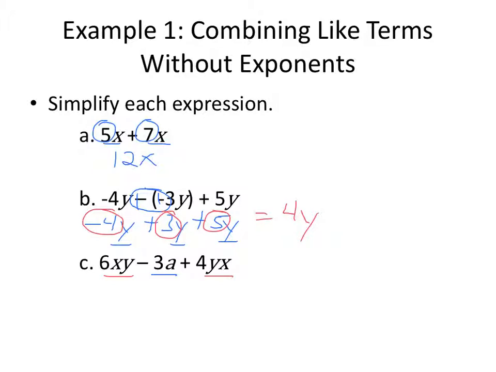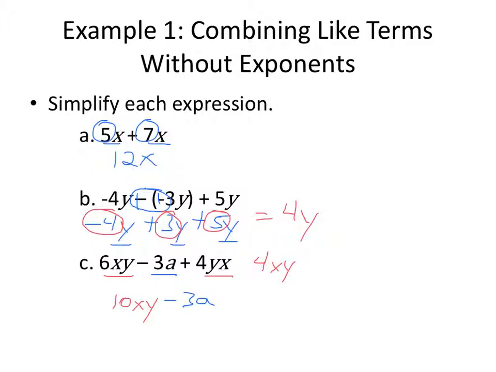So we could rewrite this as 4xy, and you'll notice that that is a like term to the 6xy term. So we can combine 6xy plus 4xy. So you add your coefficients and you're going to get 10xy. And then you would simply write your other term that cannot be combined, and that is your simplified expression for letter C.